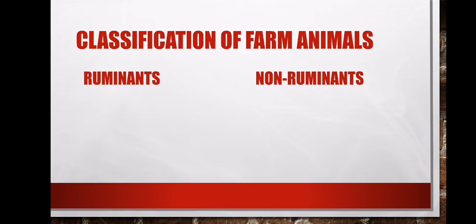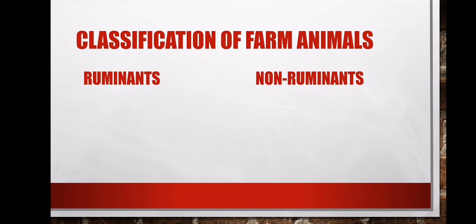Once we focus on the stomach, we will then look at the type of feed the farm animal can ingest. Then we will look at examples of these types of animal. But the most important thing is to be able to identify and classify it if you are given it in a question. Mostly they give it in 2.1 of your paper 1.